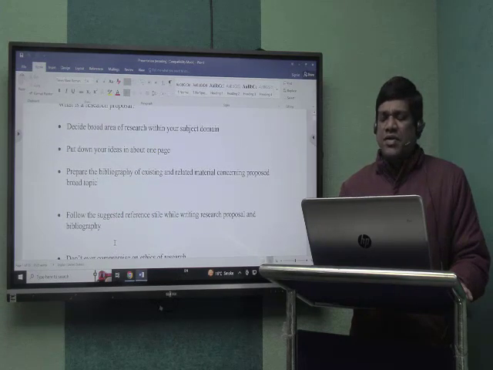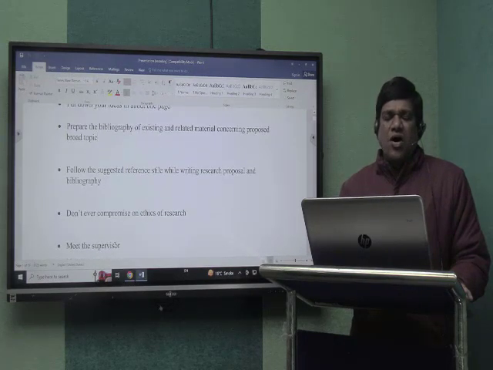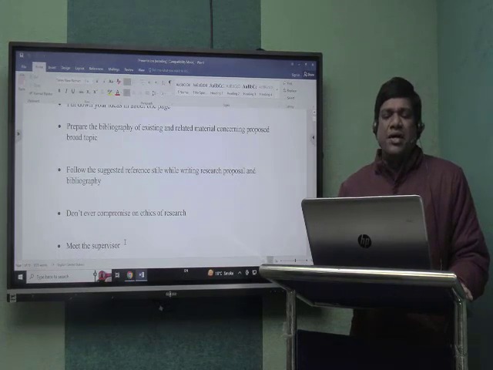After writing a page, you also prepare a bibliography on the topic or related to the topic. We cannot simply go around and write whatever we want, right? Research is something that you are searching, and in the process of searching, you are taking the help of other work or related work that was done before you, right?